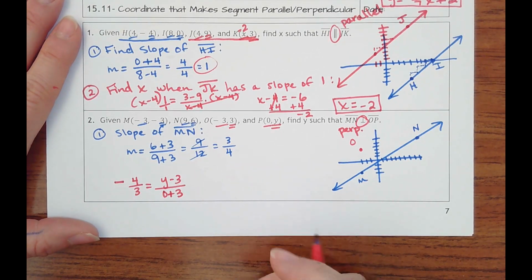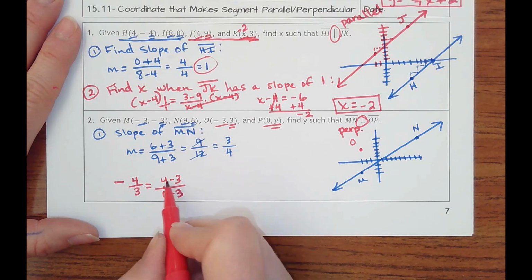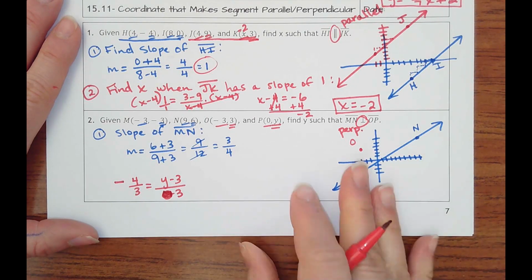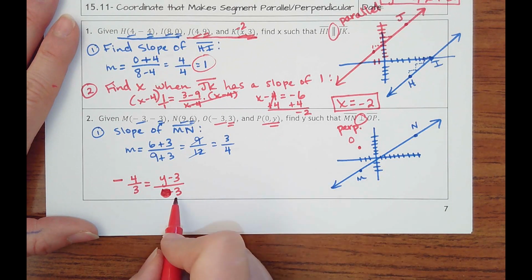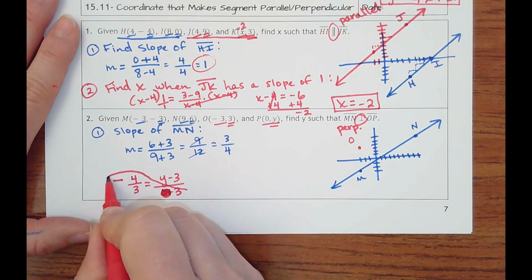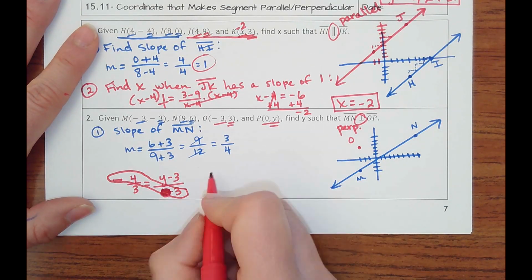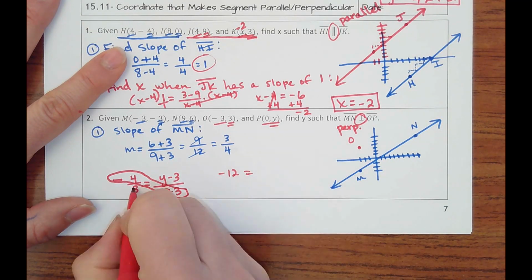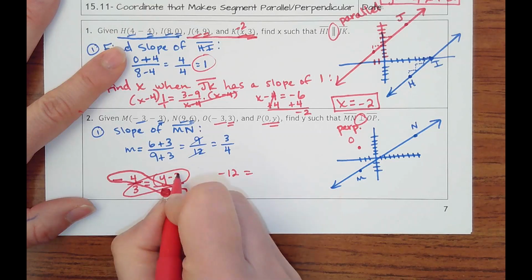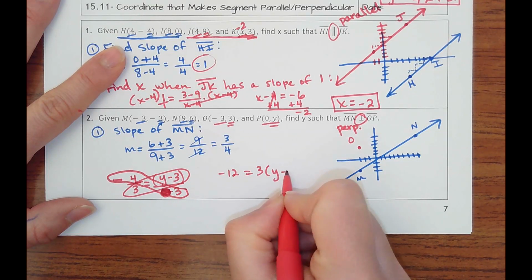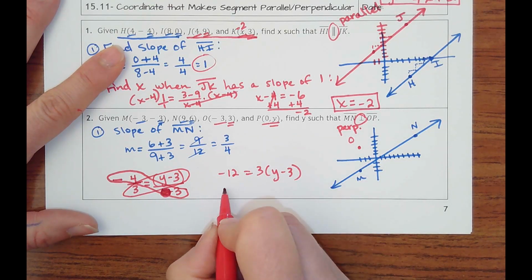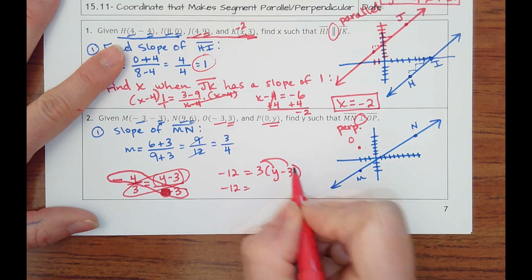This time I truly have a proportion where I'm going to cross multiply. I also know that 0 plus 3 is really just 3. If I had a different number, I would go ahead and combine them. But I'm going to cross multiply, making the negative only go with my top number. So -4 times 3 is -12. Then I have 3 times y minus 3. This has to be a distributive property here, so that 3 gets multiplied to both parts.